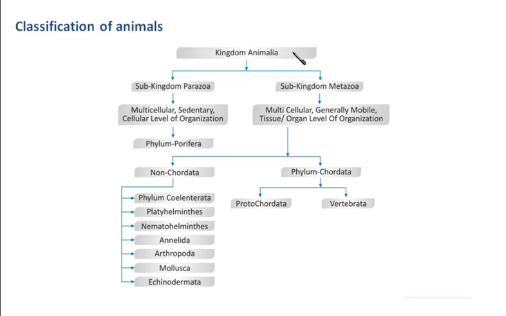Animals are those organisms which are made up of eukaryotic cells. Then further, they are heterotrophic in nature. Their cells always lack the cell wall, right? And besides this, the organisms are motile.